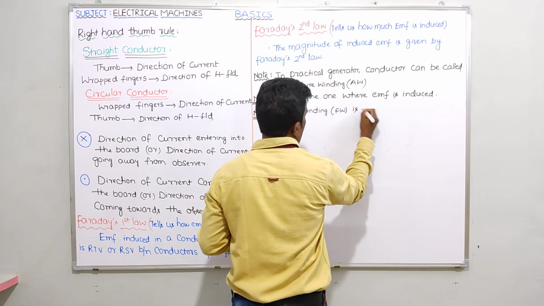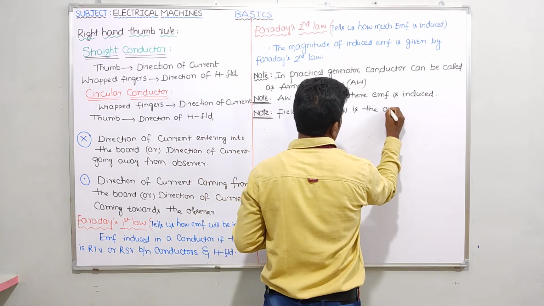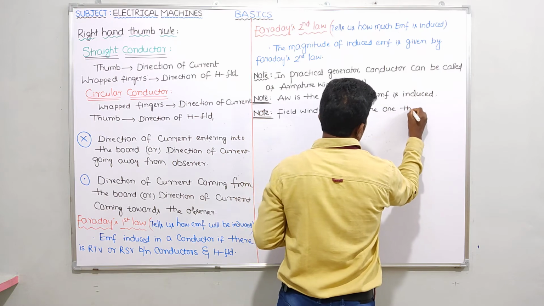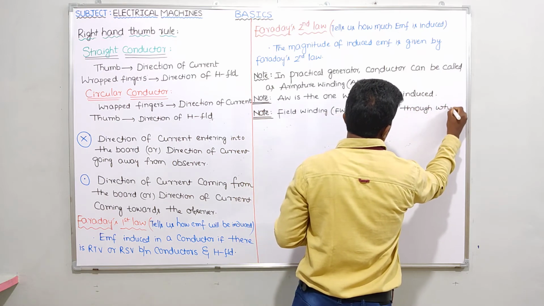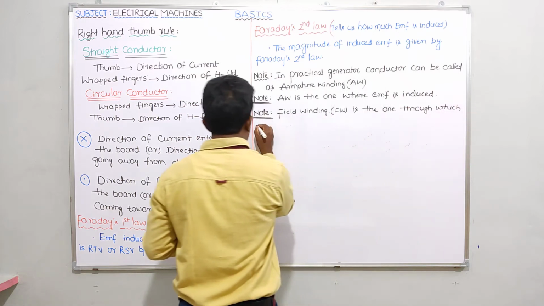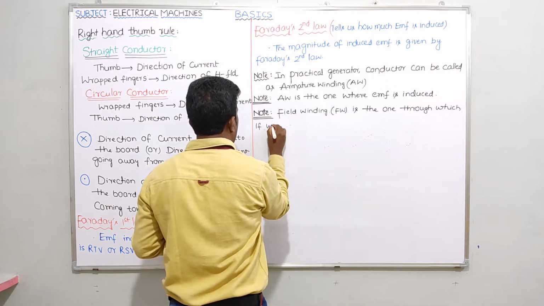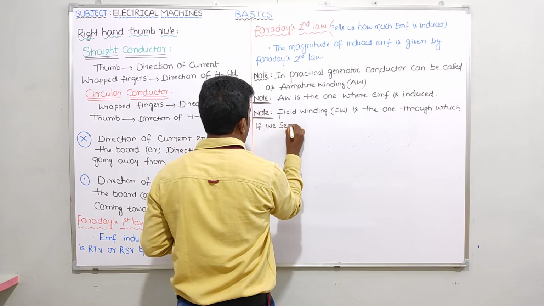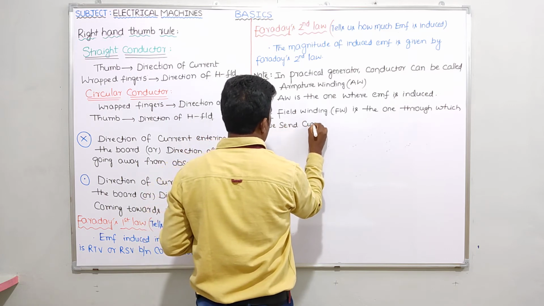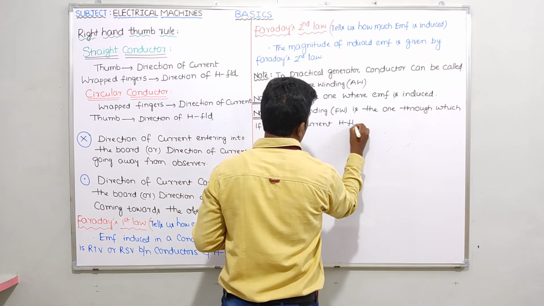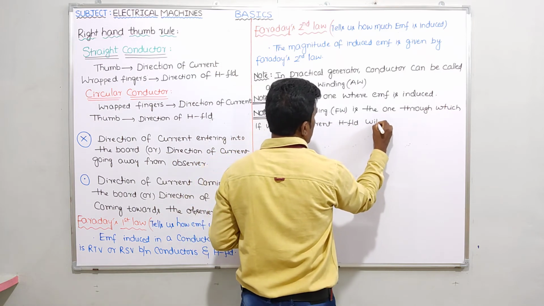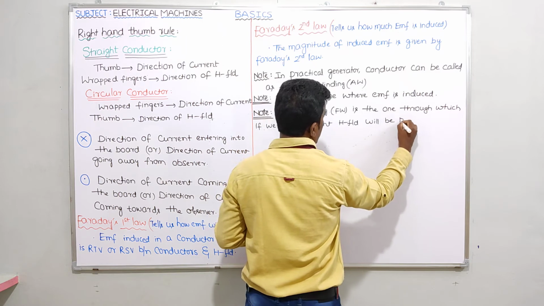Field winding is the one through which if we send current, magnetic field will be produced.